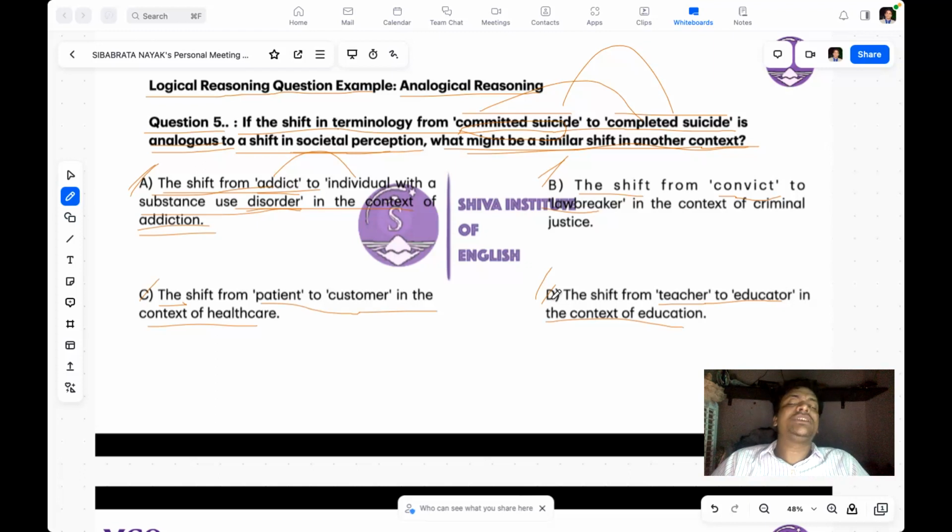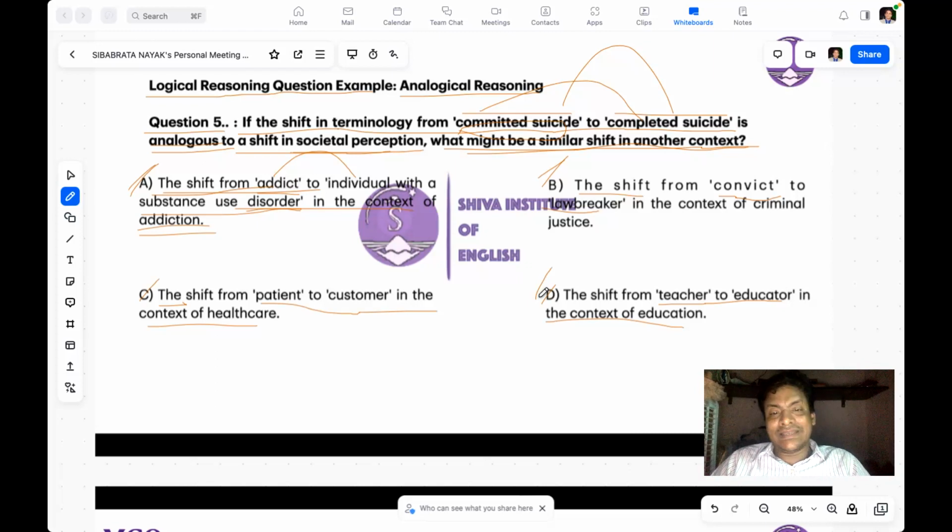that addiction is a complex issue involving not just behaviors but also underlying medical and psychological factors. This shift is rooted in a desire to reduce stigma and promote a more compassionate and understanding approach to individuals struggling with addiction, by emphasizing the person rather than their condition.